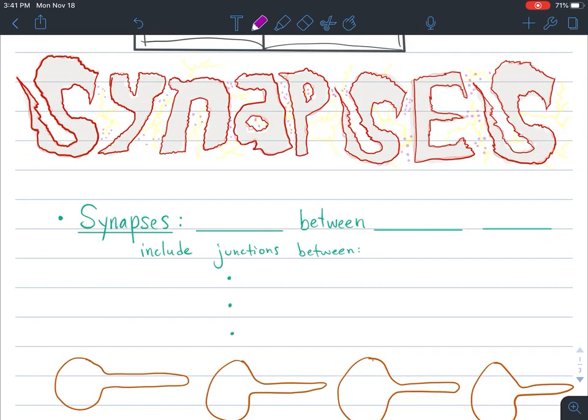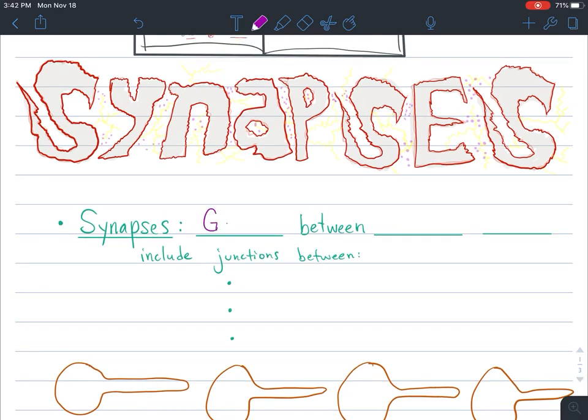So a synapse, or synapses, are simply the gaps between neuron cells. If you have several cells that make up our brain or our nervous system, they have to be able to communicate with each other so that if you put your hand over a fire, your brain can tell your hand to move because it senses that it is hot there.